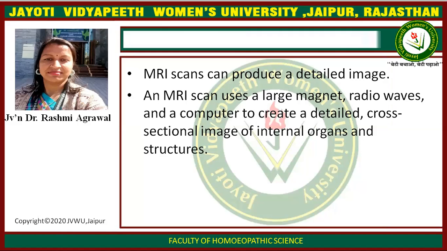You can understand a cross-section image as slices or pieces which show the whole body internally, and all the structures are identified by the MRI.